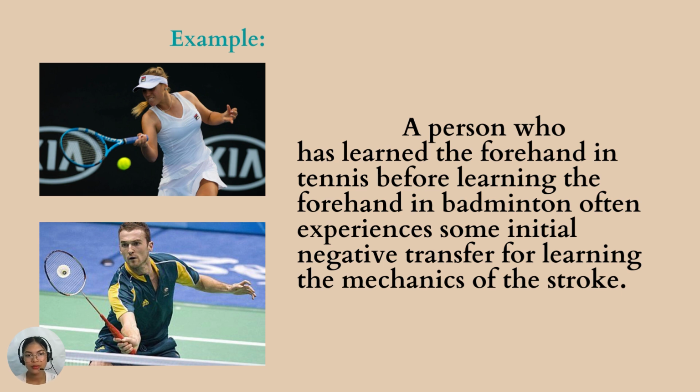As we all know, the tennis racket is very heavy, and the badminton racket is not, so there is a big difference. The badminton forehand is a wrist snap, whereas the tennis forehand requires a relatively firm wrist. The third type of transfer of learning is zero transfer, which occurs when previous experience has no influence on the learning of a new skill or the performance of a skill in a new context.